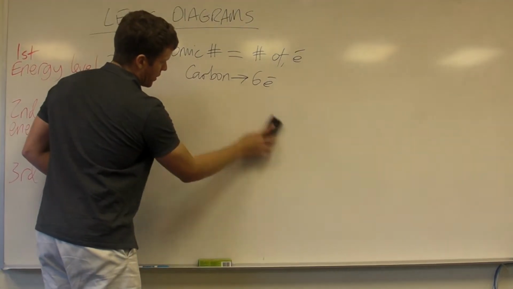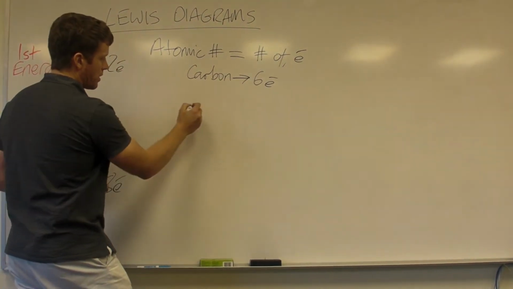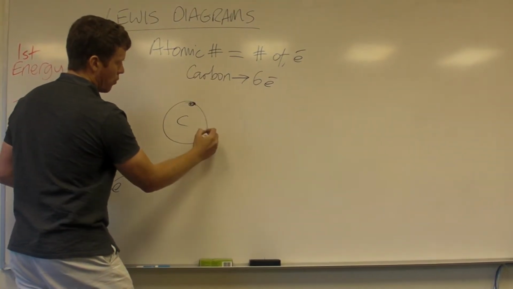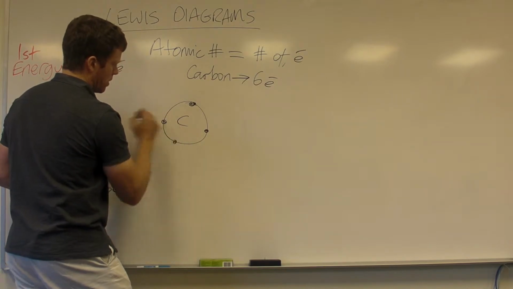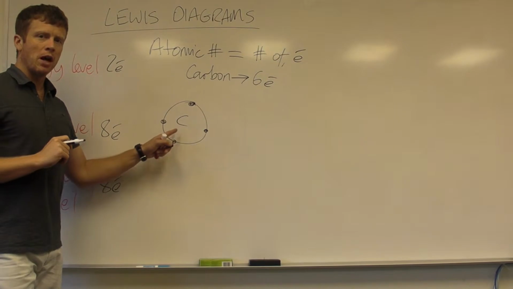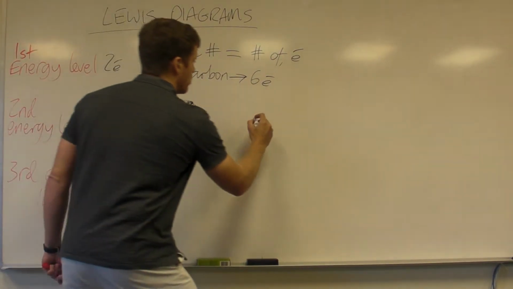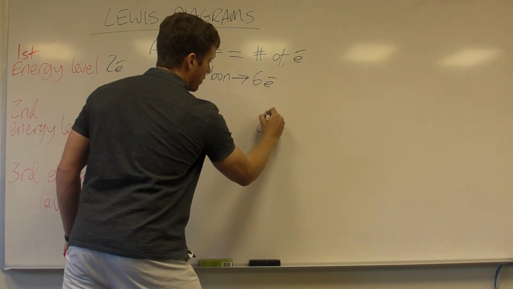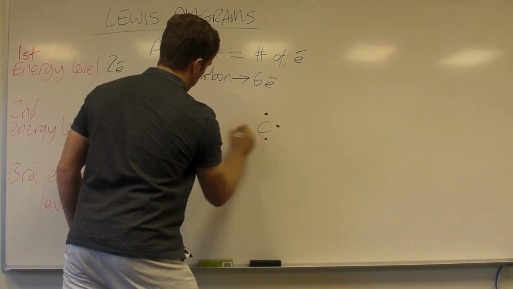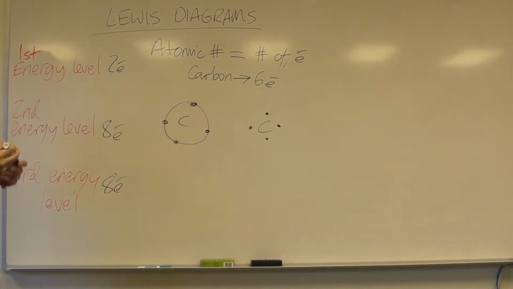So a different way to draw this, we could just draw the nucleus, and we could just draw the 4 electrons this way. So ignoring that inner energy level and just focusing on the 4 that are outside. And yet another way to do that is to draw carbon and then completely ignore the circle or this ring and just draw the electrons on that way.